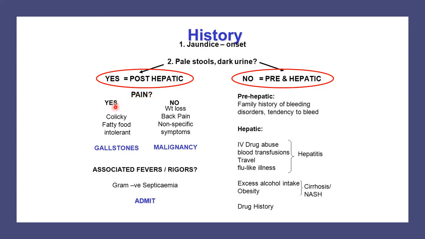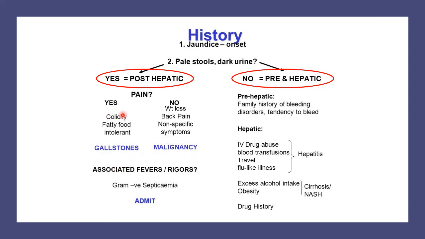If there is pain, it is usually colicky, caused by fatty food, with intolerance to fatty food, and the cause is most of the time gallstone. If there is no pain, but weight loss, backache and non-specific symptoms, then think of malignancy as the cause.